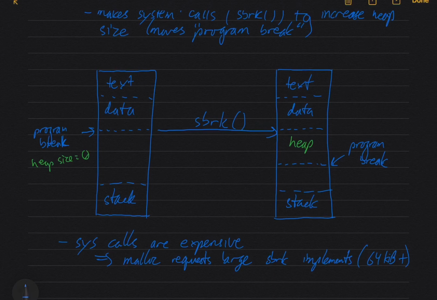And then it breaks that chunk of memory that it gets. I shouldn't use the word chunk because that means something in malloc, but it breaks that region of memory into smaller chunks that it then doles out in calls to malloc.